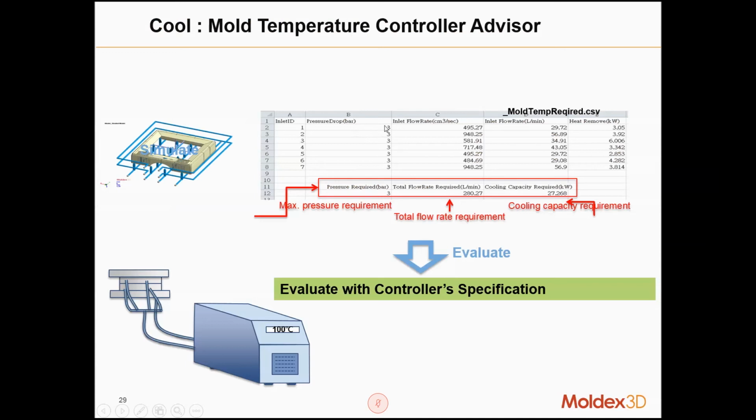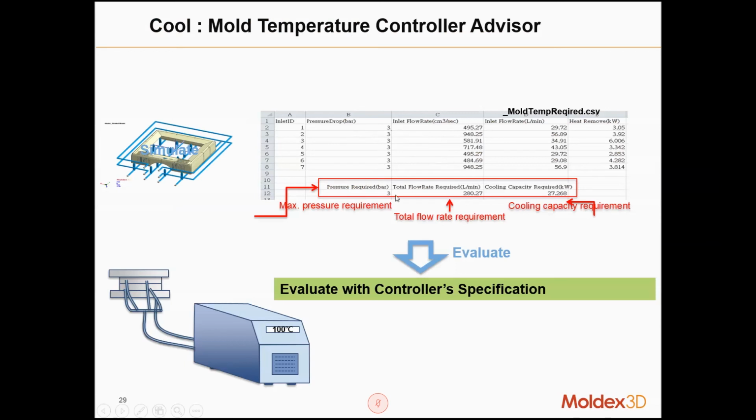In this case, we said that the pressure drop in the mold base is 3 bar, and the program will calculate what the flow rate is if the pressure drop is 3 bar. The flow rate, of course, is very high in this case. And for sure, we can reduce this pressure loss to get a reasonable flow rate in the cooling channel.